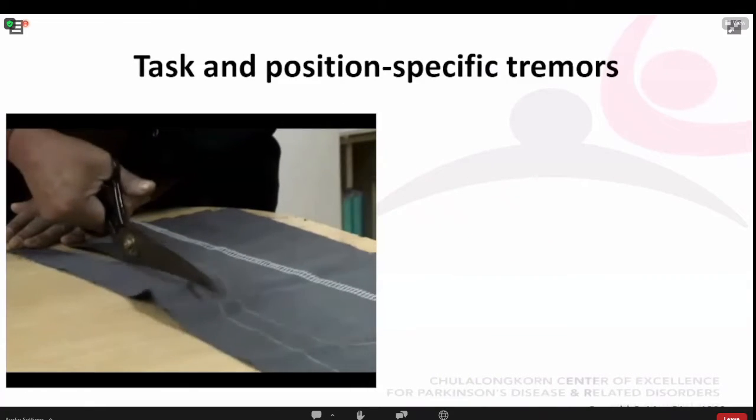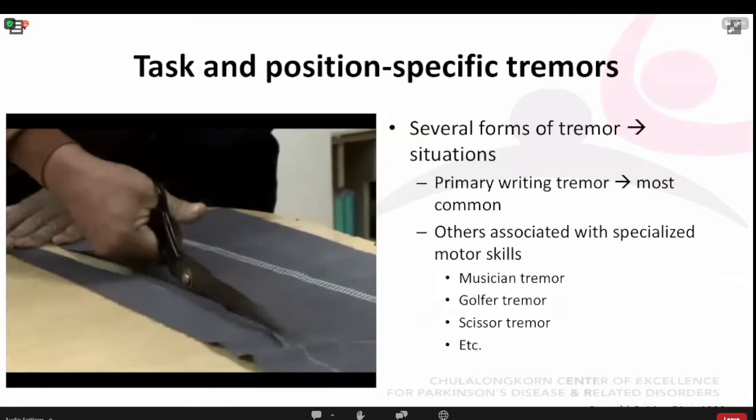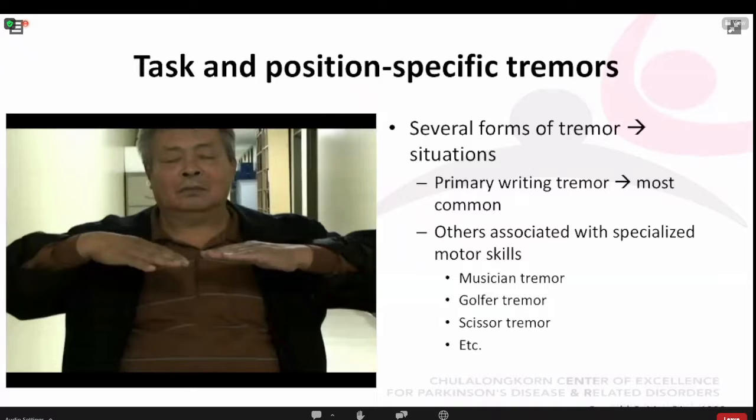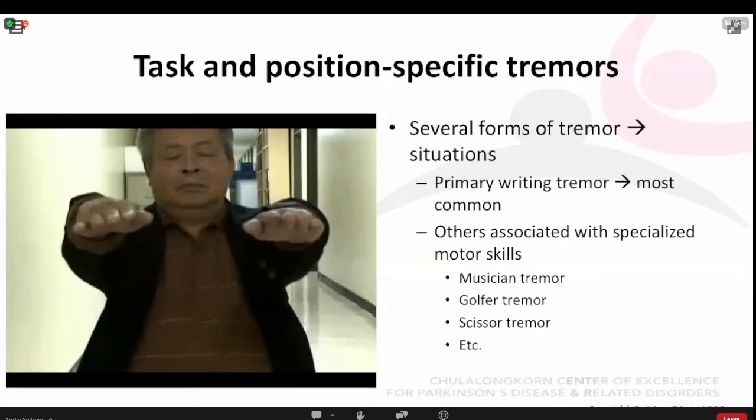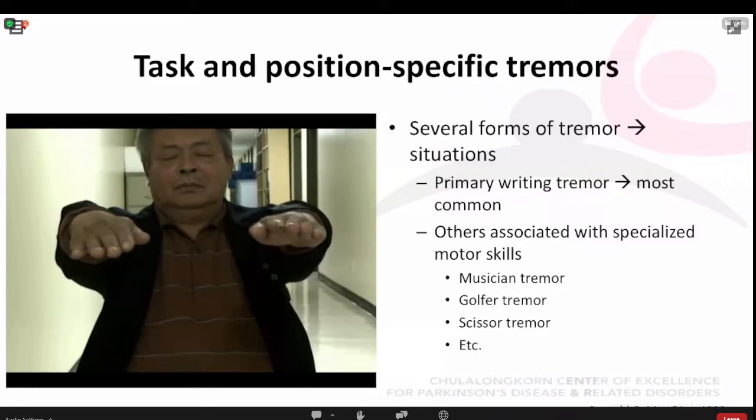The primary writing tremor is the most common form of task-specific tremor, but the tremor can occur in patients who specialize in a motor skill and practice it over and over, using this body part repetitively. For example, the musician, the golfer, and scissors, like in this patient.